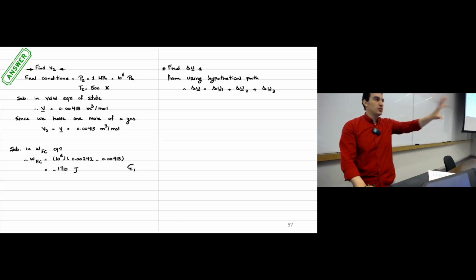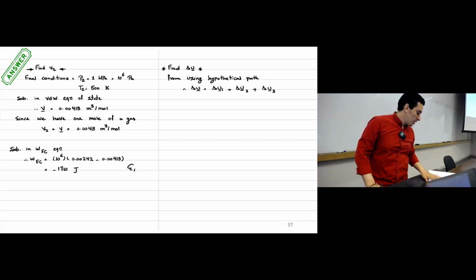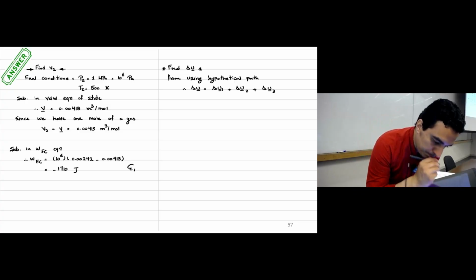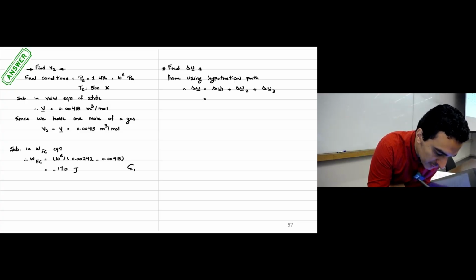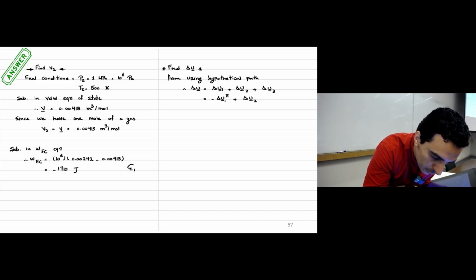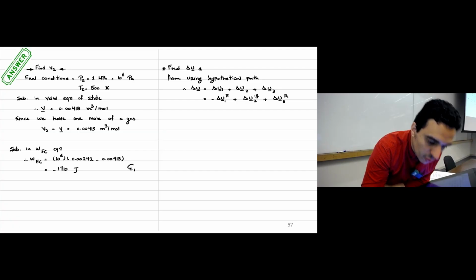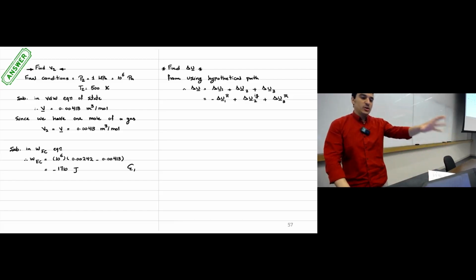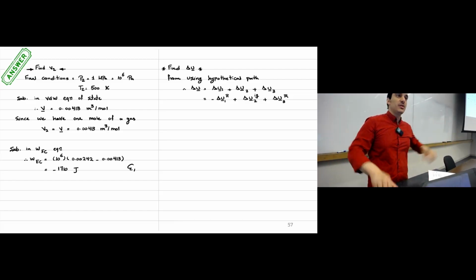Three paths we have, two isobaric, one isothermal. So delta U1 is negative delta U1 residual, plus delta U2 of ideal gas, plus delta U3, the residual property we have here.